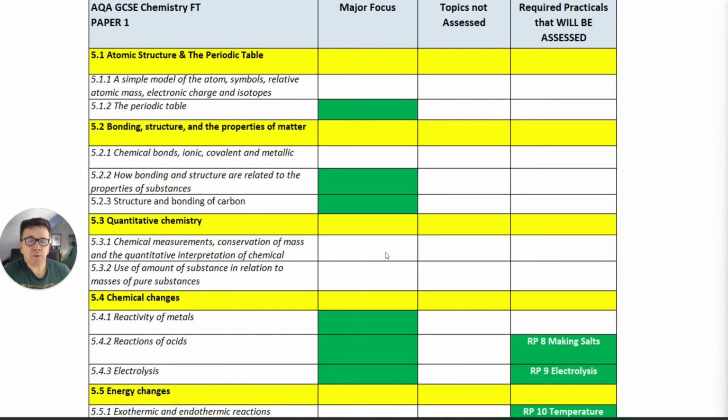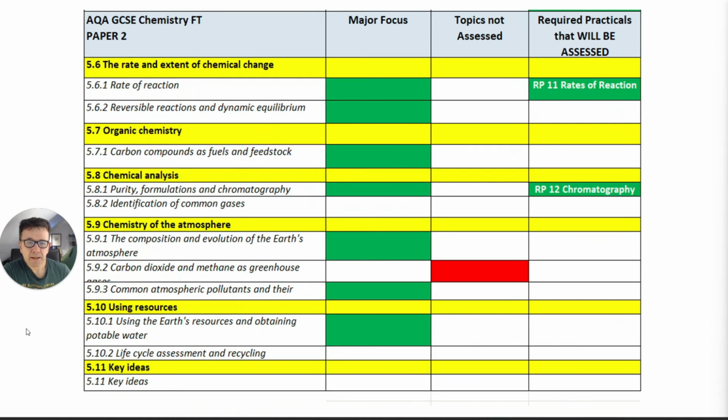Now, even though, for example, quantitative chemistry isn't in there as a major focus, it will be what we call a lower tariff question. In other words, there will be smaller-mark questions on those things. So unfortunately, you are going to have to learn the whole of Paper 1.